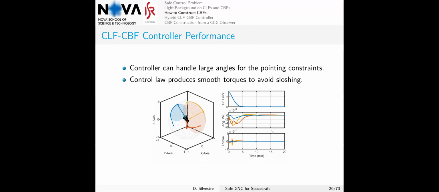And once again, that is fine. As you can see here, the orientation error goes to zero asymptotically, so it's asymptotically stable. And then of course, the torques and the angular velocity satisfy the constraints that we placed.